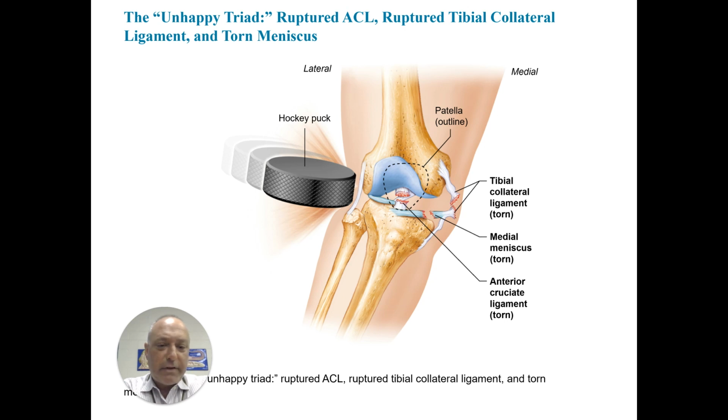Your anterior cruciate ligament, the medial meniscus will be torn, and the tibial collateral will be torn. And so this is the unhappy triad. It's quite common that with the anterior cruciate, you also tear the meniscus and the tibial collateral.